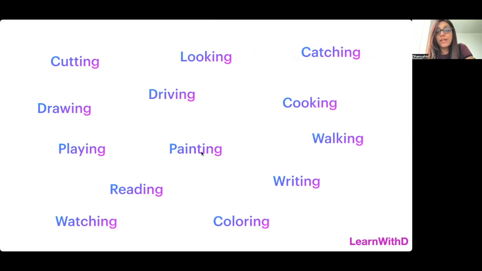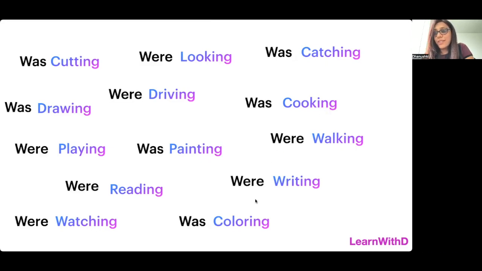Because we have added the ing at the end of these words, right? Now, let's read some of this, okay? Was cutting, were driving, was painting, was coloring, were writing. This is the past continuous, okay?